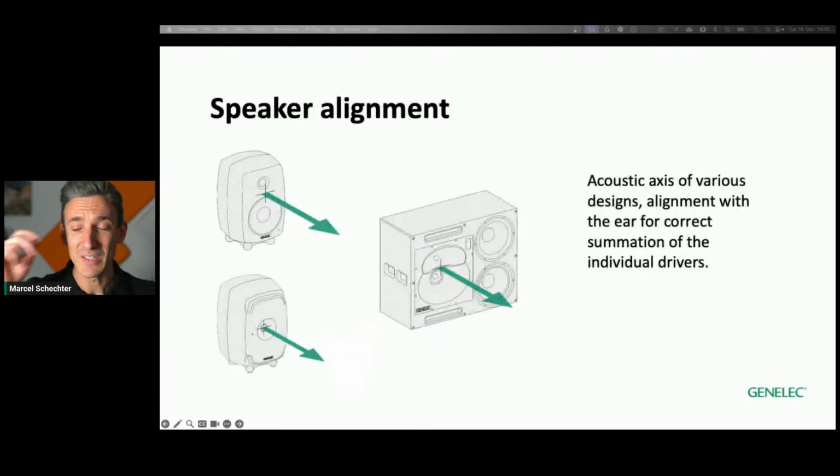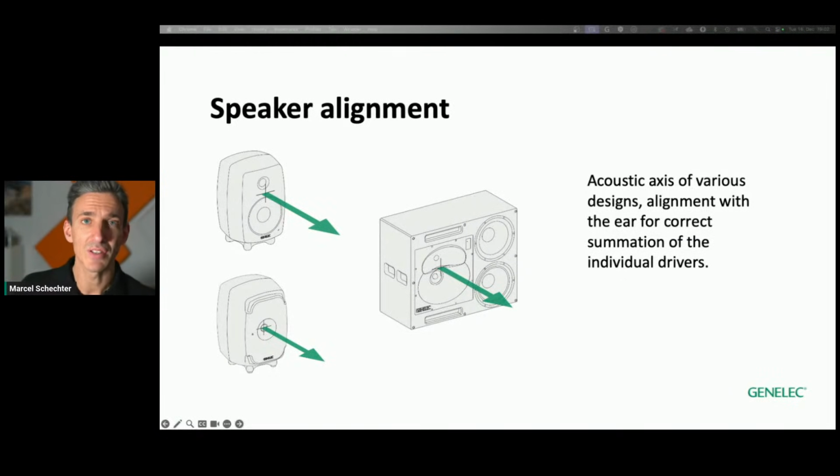What's important for the speaker alignment are so-called acoustic axes. Axes, what's the plural there? Axes. And this is just somehow a line that, of course, is not there in reality, that shows you where the drivers sum up correctly. And this line should always point towards you or your ears. And you can see for a two-way system, this is top left, this line is between tweeter and woofer.